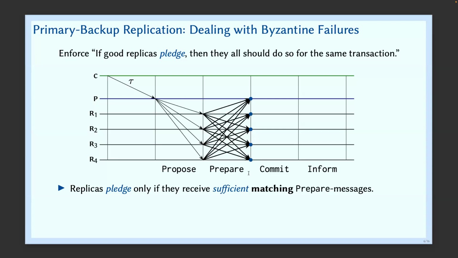There are F bad people who did participate, and now they're also going to say nothing happened. So now we have 2F people who say nothing happened. We need one more. Who is it going to be? Either this or this. And one of them says, wait a minute, something did happen. And so that thing will be written.